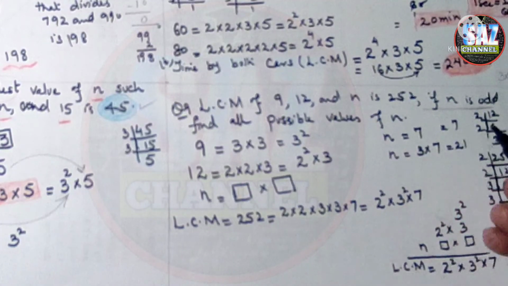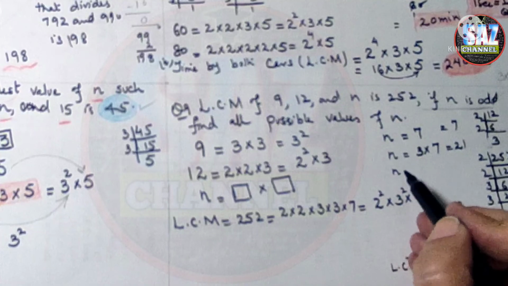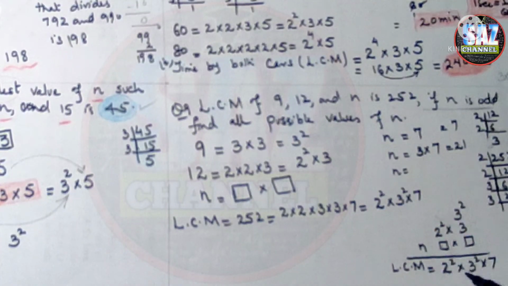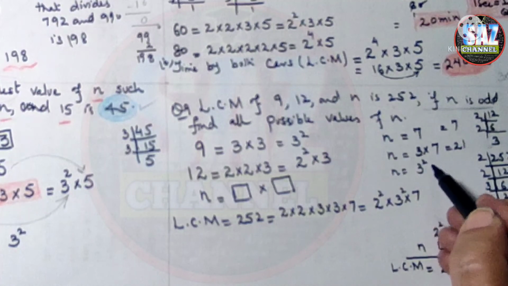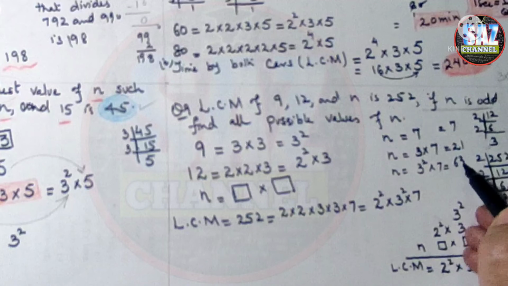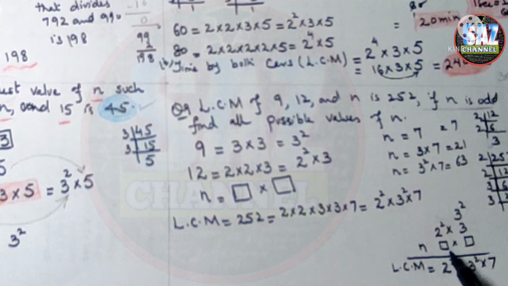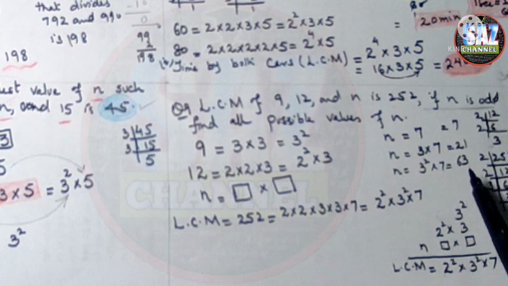And the next value of n can be, even if I take the factor 3 square multiplied by 7, 9 times 7 is 63. So the possible values of n can be 7, 21 or 63.